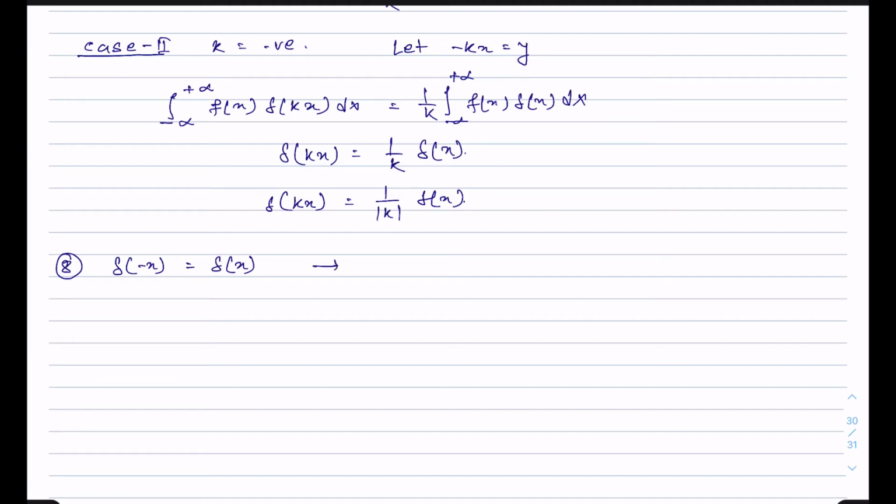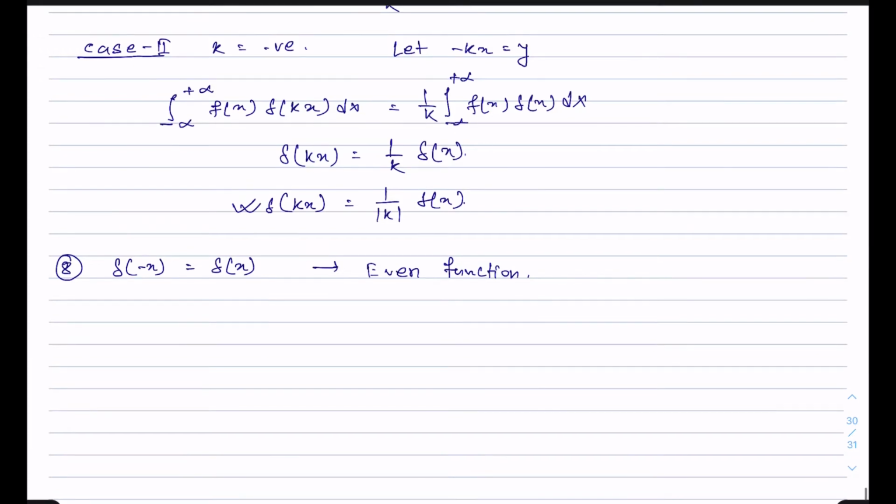That is, the delta function is an even function.